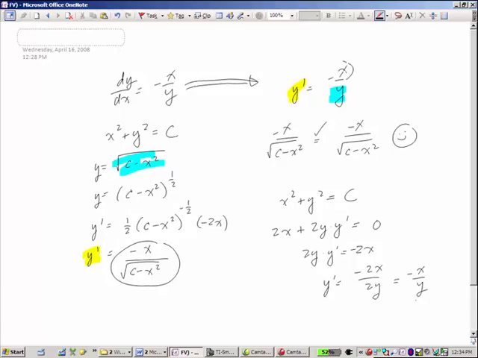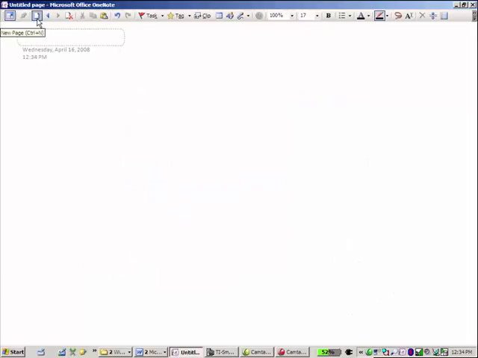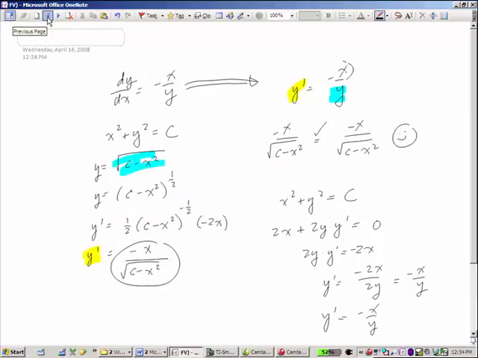So there are two ways of doing that. It doesn't really help us to find y prime. We just showed, look, what's y prime equal to? y prime is equal to negative x over y, and that's what we wanted to show. Much quicker. It doesn't work for all of them.